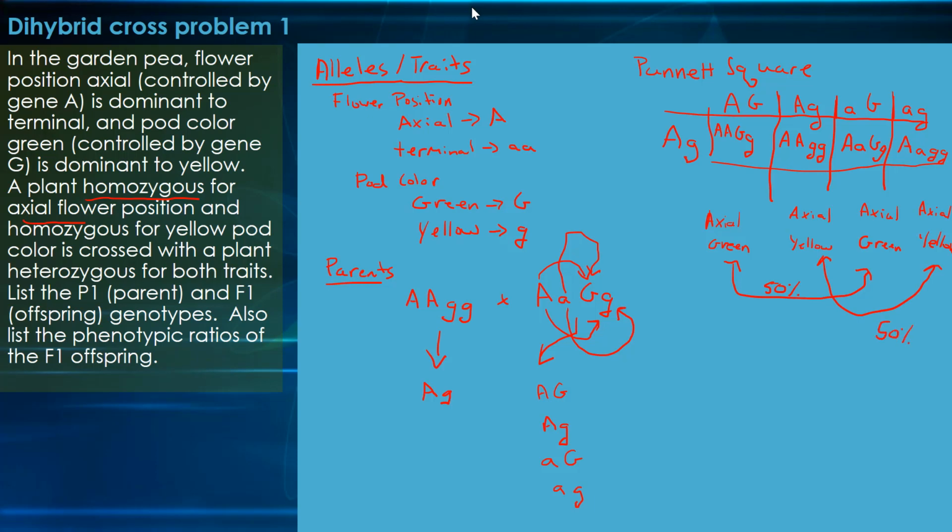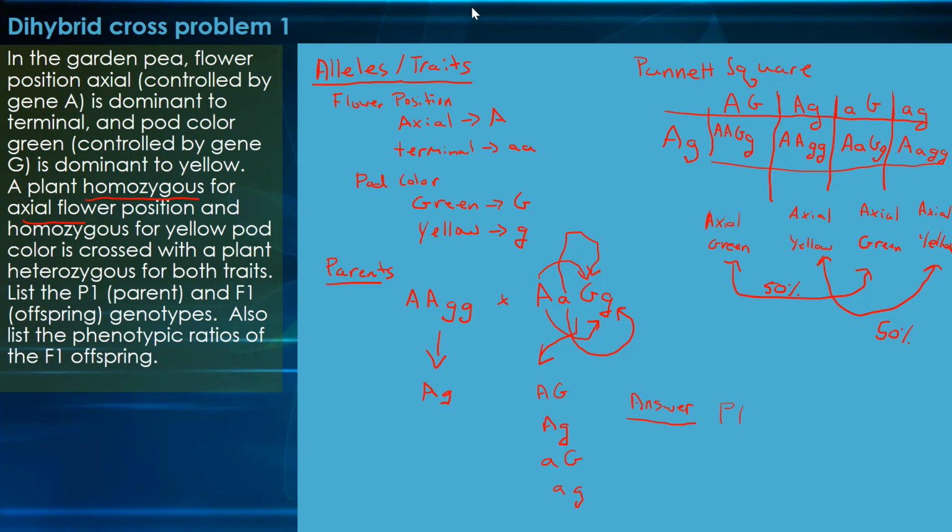Let's look at now answering our question. We've done our alleles, traits, parents, and Punnett square. I'll put my answer right here where I can fit it. And always go in this kind of a process. Go through this, then just reread the question, check what it's actually asking for. List the parents.